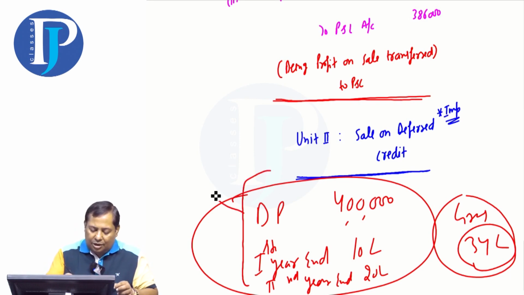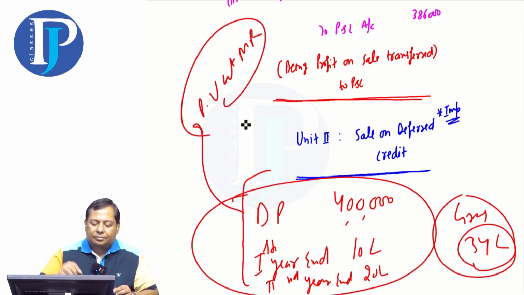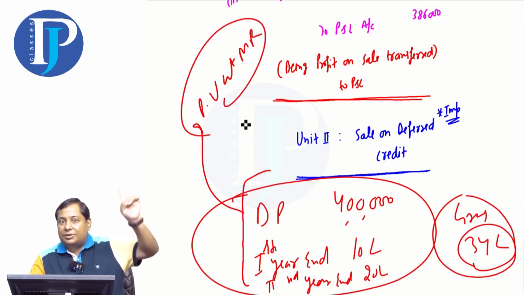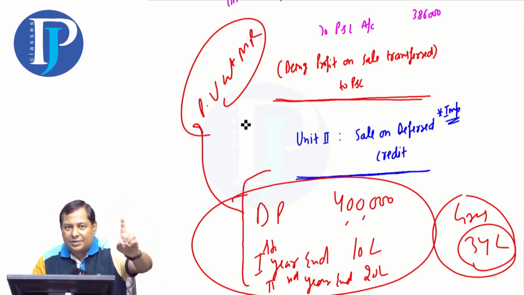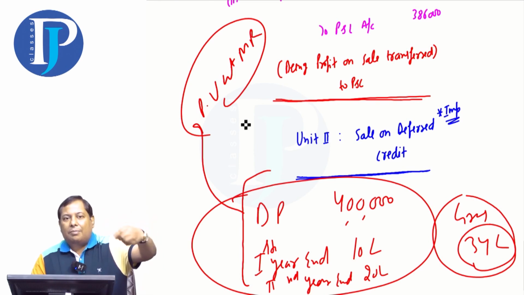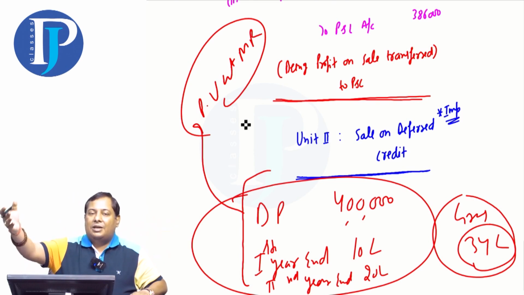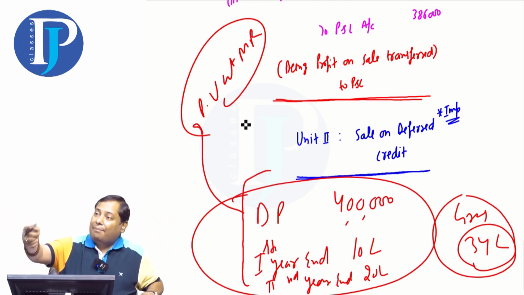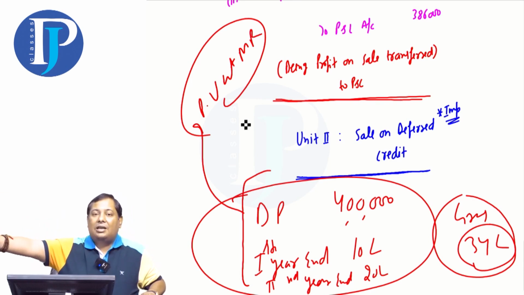What needs to be done for this? We will calculate the present value of these three amounts at the market rate, like we did at the time of purchase, when we purchase on credit. So interest is charged on each payment and we book interest as an expense in the P&L. So when we sell on credit, we will take money with interest and the interest earned on it will be recorded in P&L as income.